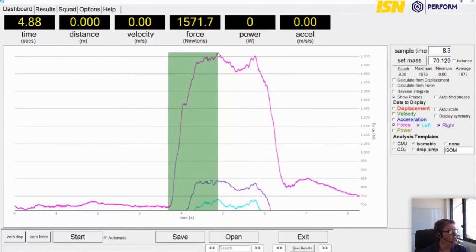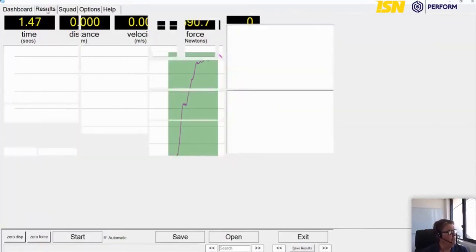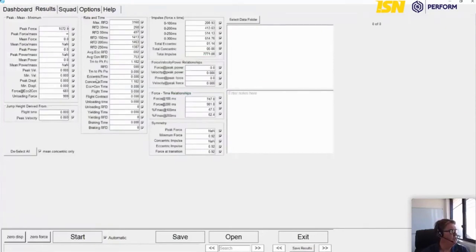The key parameters that we're looking at are the peak force that they're producing, and then other measures of the maximum rate of force development, and then impulse measures as well. So how much impulse are they producing at various time points through the actual movement. The actual time to peak force is important.